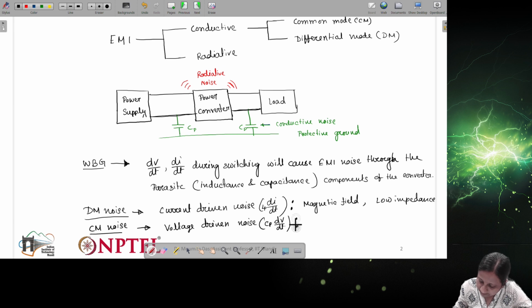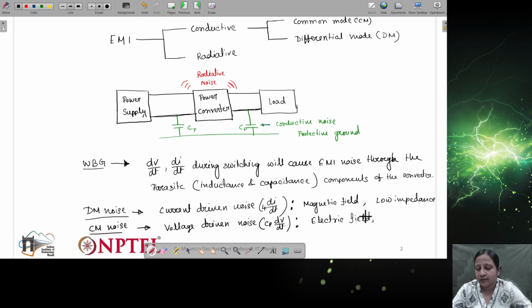Now this is due to the fact that there is electric field. So when I am saying electric field, you can understand if there is a circuit ground and the protective ground or the actual ground, and they are different, then what will happen?